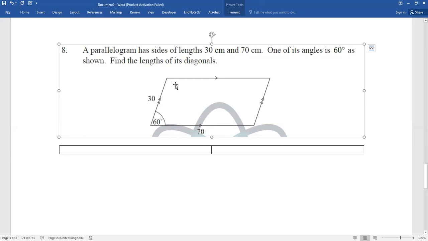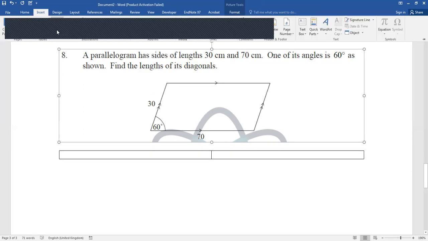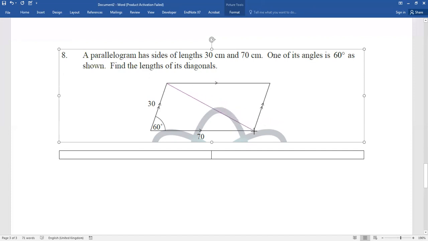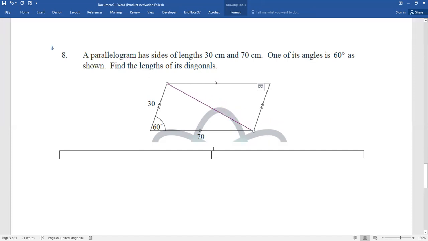We have studied the topics of angles because we knew we would be needing them in this topic. How do I find the length of a diagonal? Let's just try to find the length of the first diagonal.